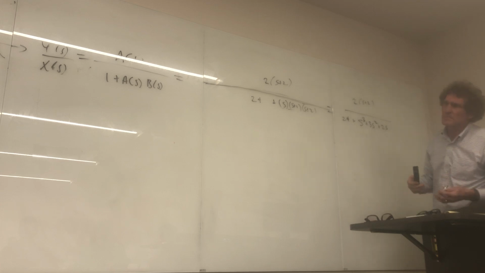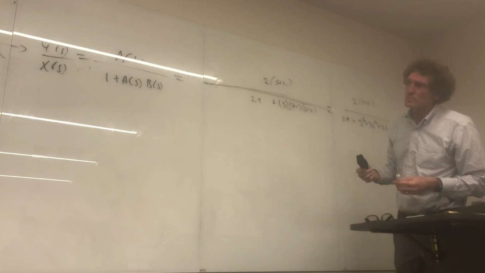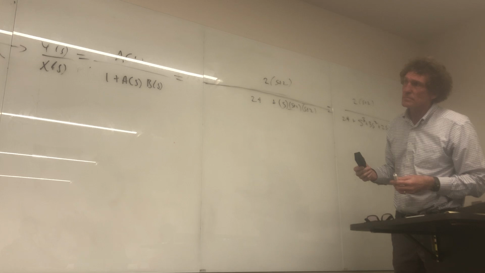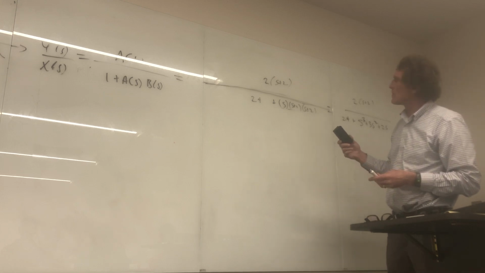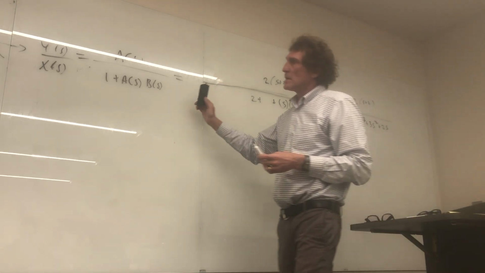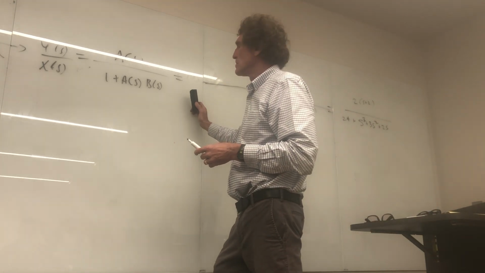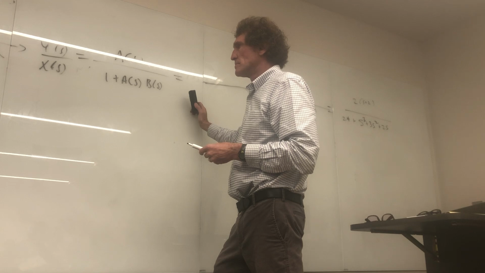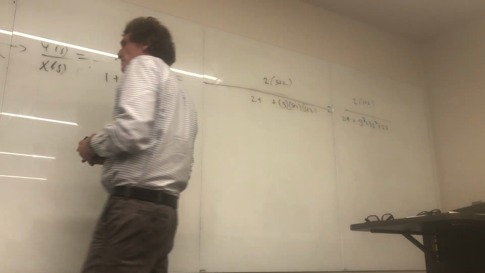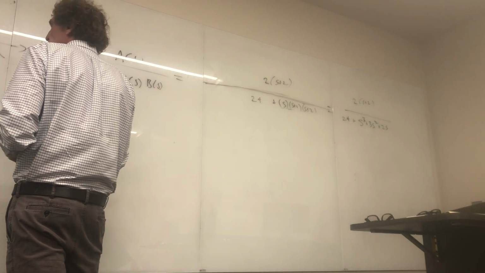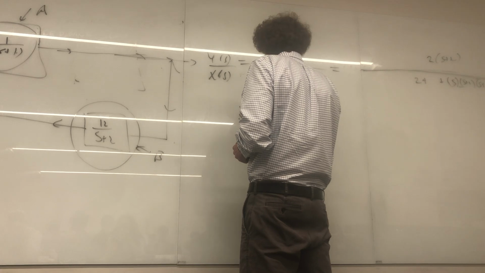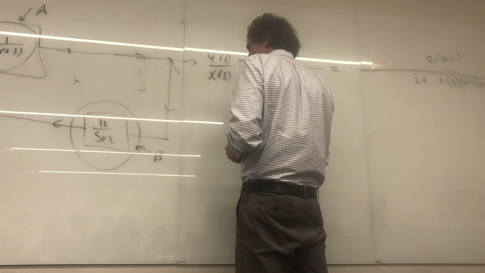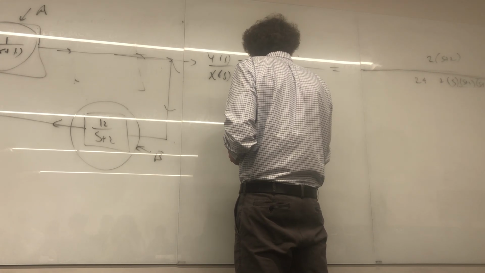If we've got that, I'm wondering about one thing. Wait a second. That beta times S, the A is 2 over S plus 1, and then times 12 over S plus 2.